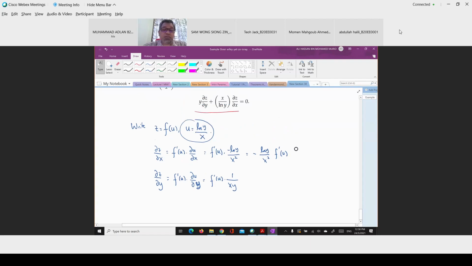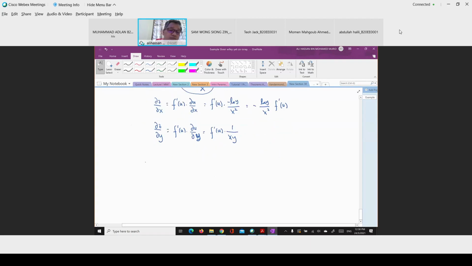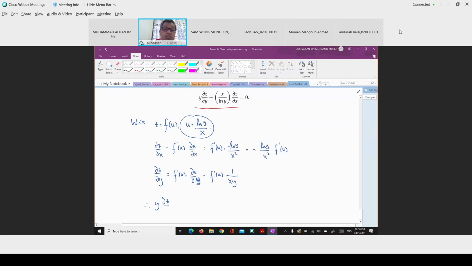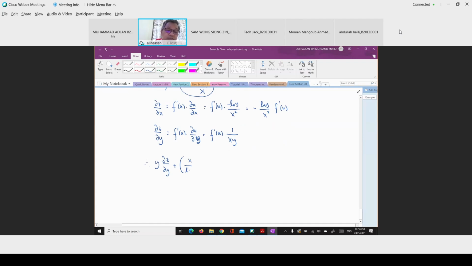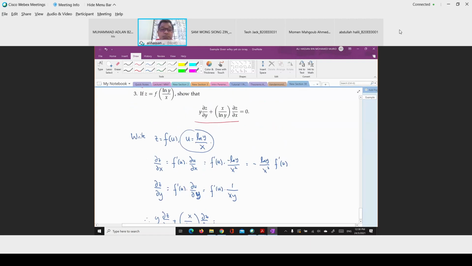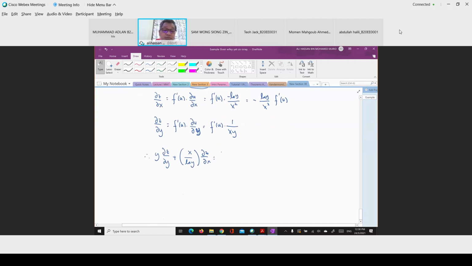Now we go back to the expression on the left-hand side: y times z partial y plus x over ln y times z partial x. You want to show that it is equal to 0. So substitute both z partial y and z partial x into this expression. z partial y is f prime u over xy and z partial x is minus ln y over x squared times f prime u.